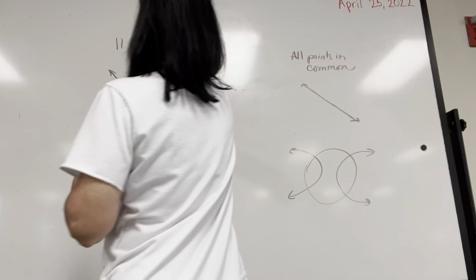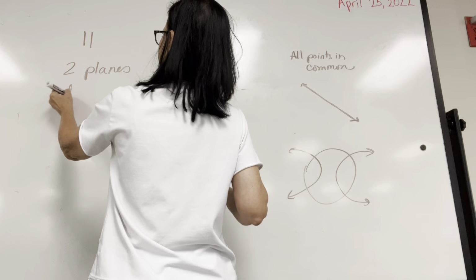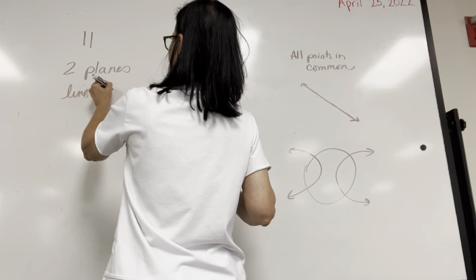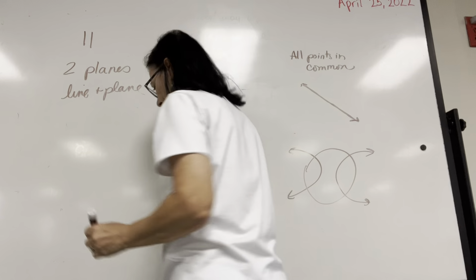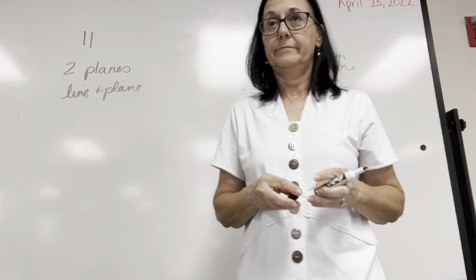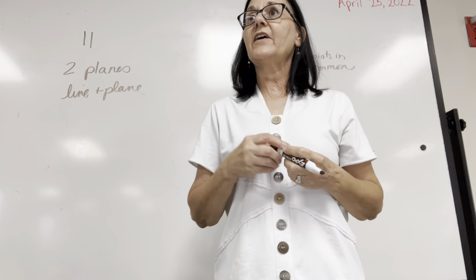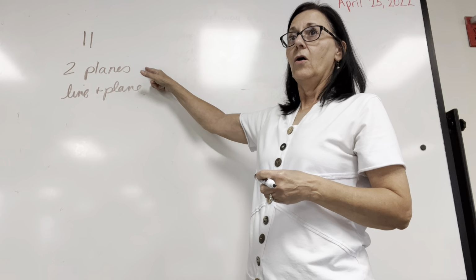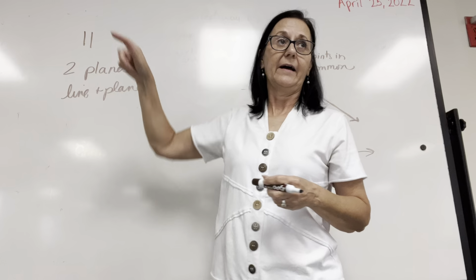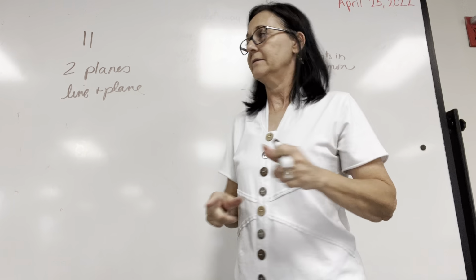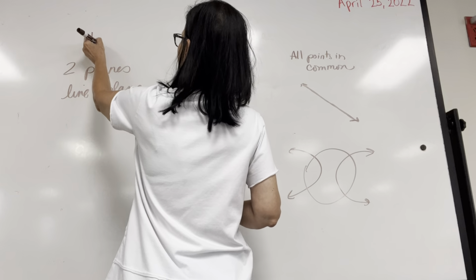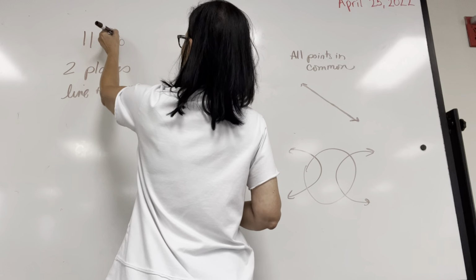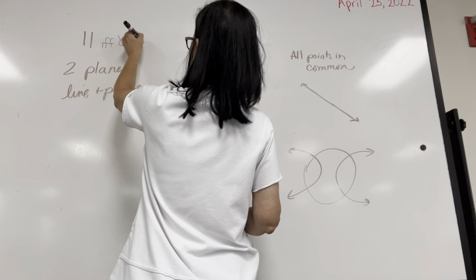A line and a plane are parallel if what? If they don't intersect. Two planes, or a line and a plane, are parallel if and only if they don't intersect.